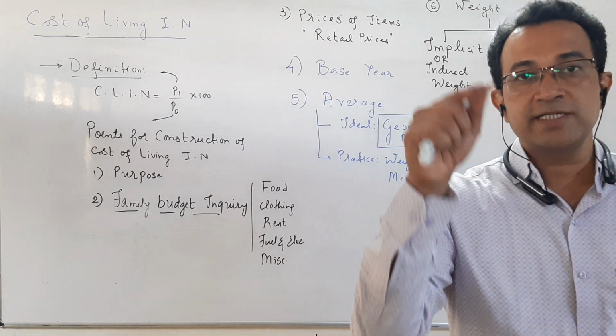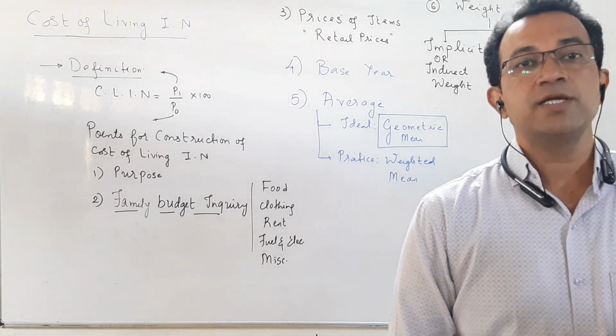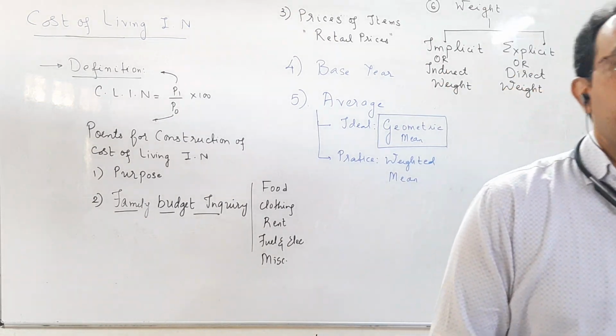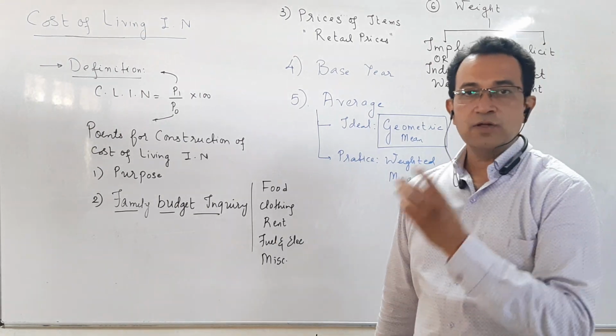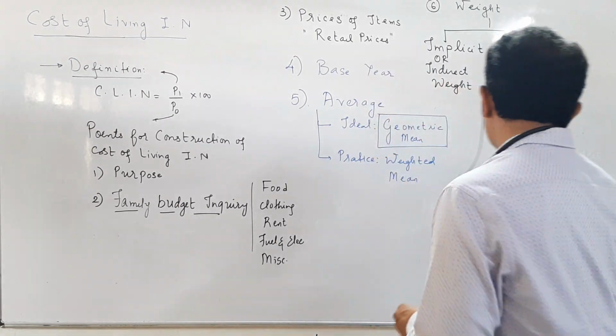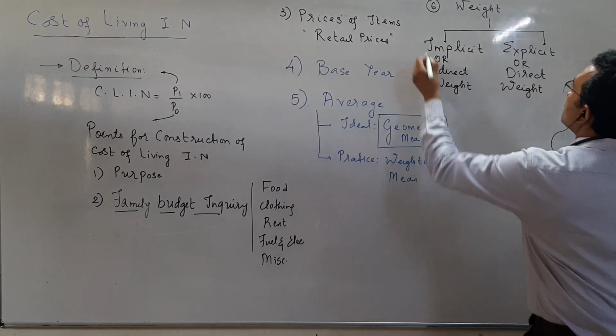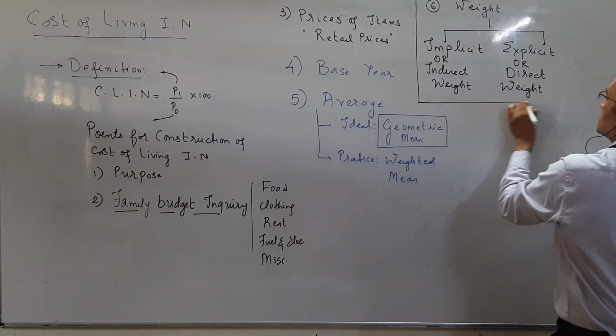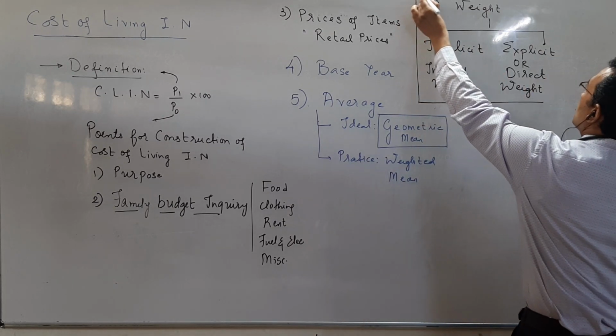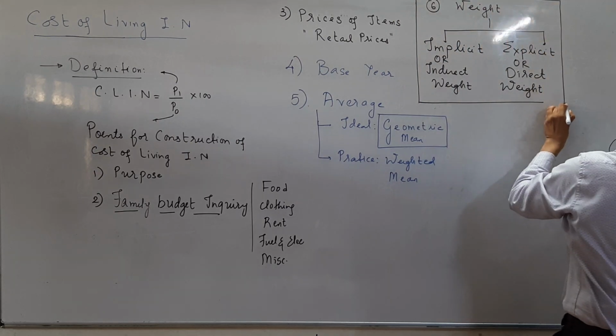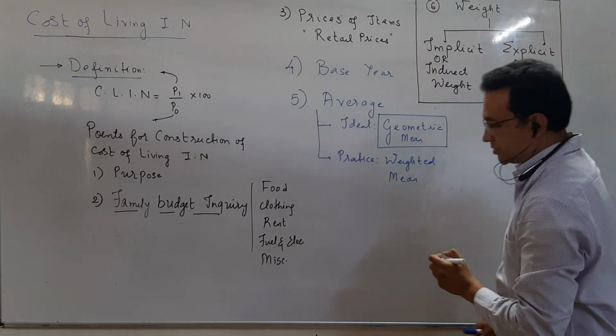Weight which is expressed directly in terms of numbers is called explicit weight. So all of you should understand this. This topic of weight is very, very important for us.